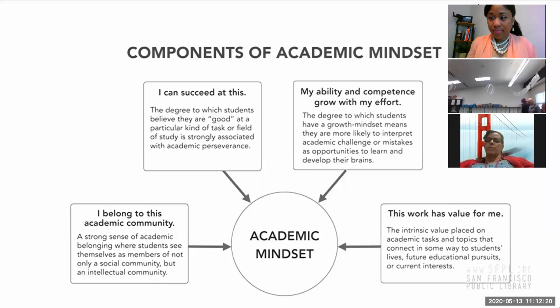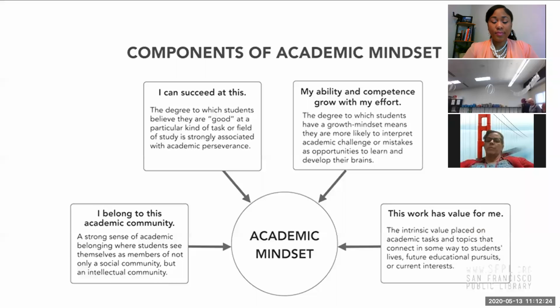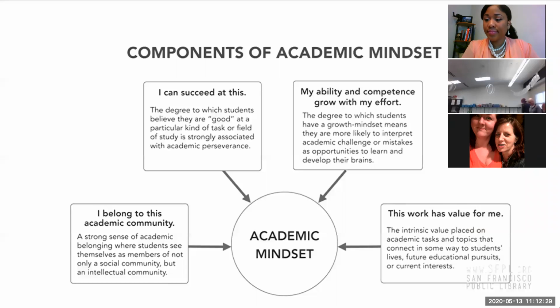Creating that intellectual environment is really what's at the core of culturally responsive teaching. Not some multicultural kumbaya, let's have the festival around bread from every country, right? We've all been there.